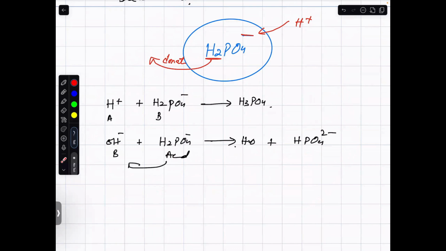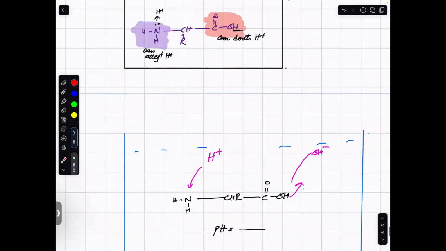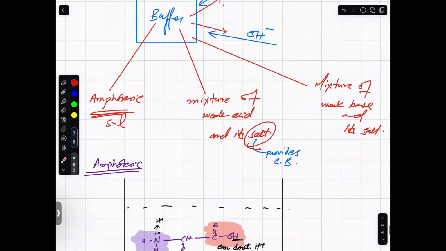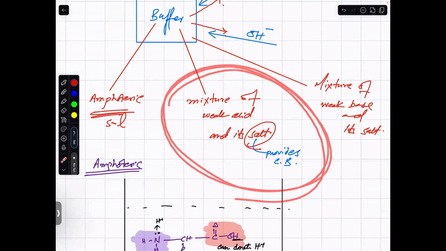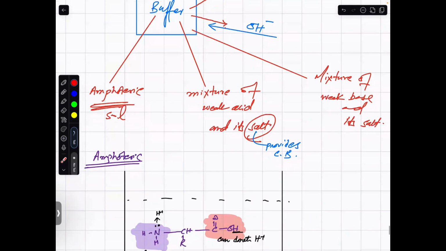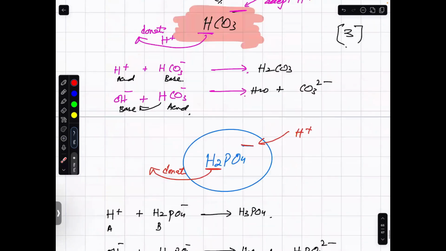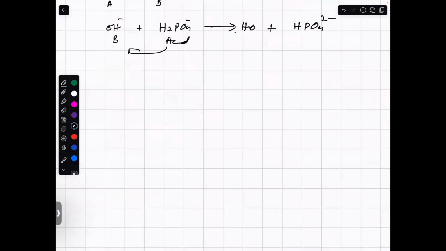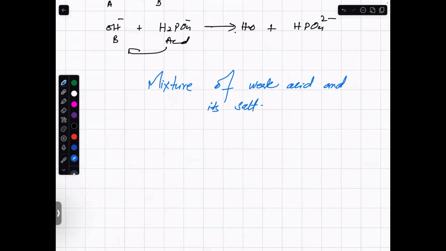Now, after amphoteric things, the next is what? Mixture of weak acid and its salt. This is the most important part of the buffer. See? Mixture of weak acid and its salt.